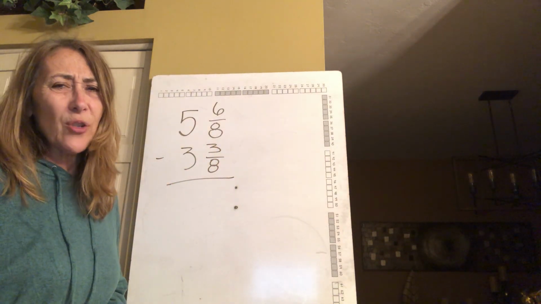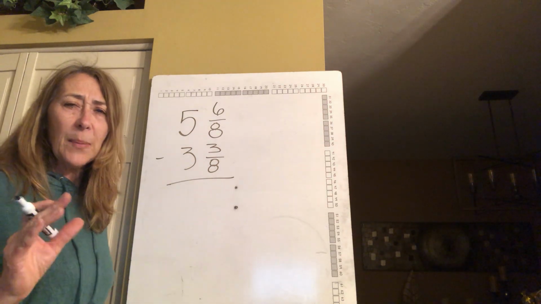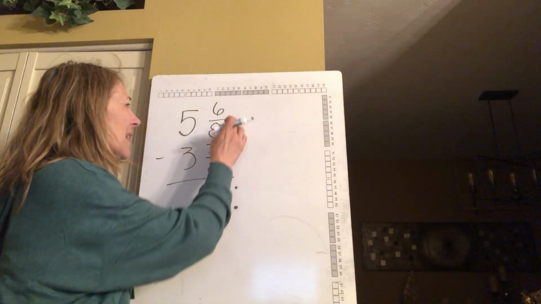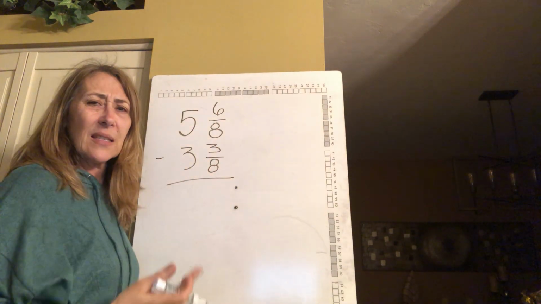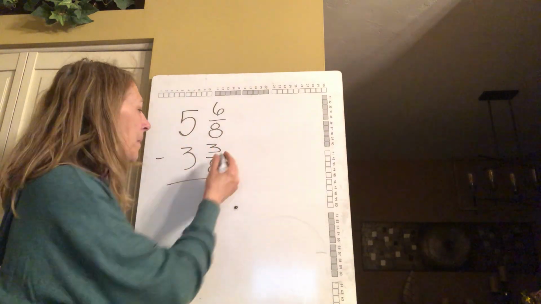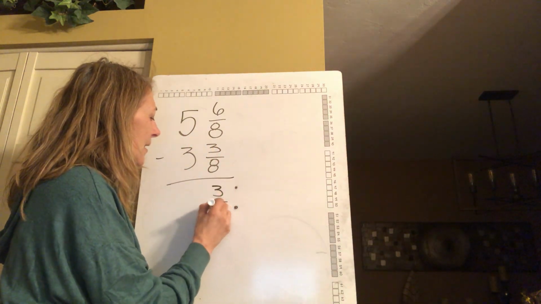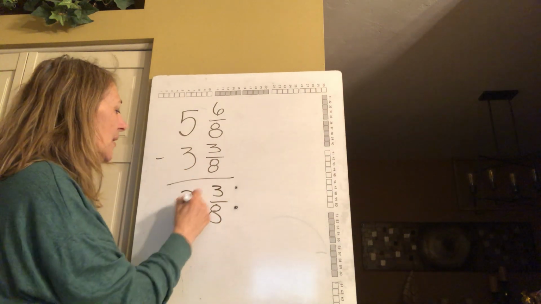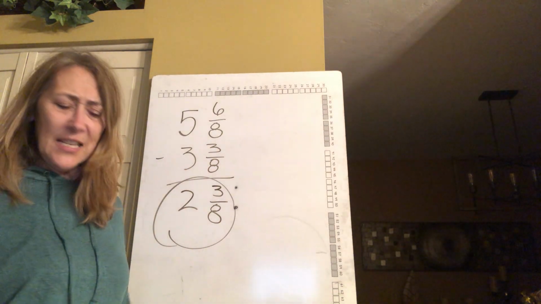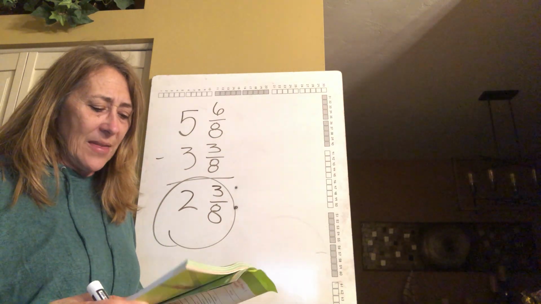It's going to get a little bit tricky here, so really pay close attention. Again, we always start with our fractions. 6/8 minus 3/8. If I have 6 out of the 8 pieces, I can take 3 away. So that would be 3/8. 5 minus 3 is 2. My answer is 2 3/8. That's easy. Let's try the next one.